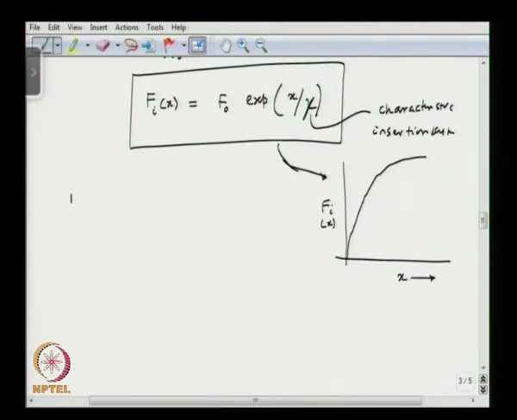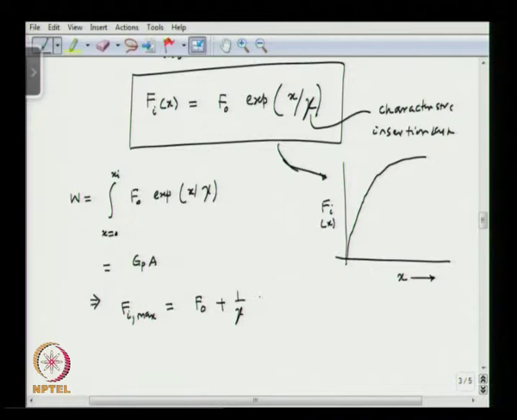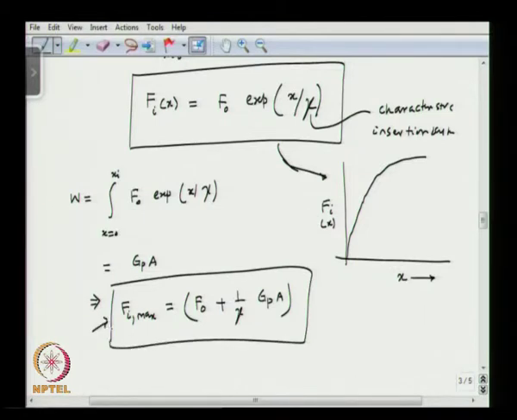The work input we can find from here. So, the integral from x equal to 0 to xi of F0 exponential of x over the characteristic length scale dx will be equal to Gp into A. So, you can find Fi max is equal to F0 plus 1 over the characteristic length into Gp A. That is how you can express the maximum insertion force.